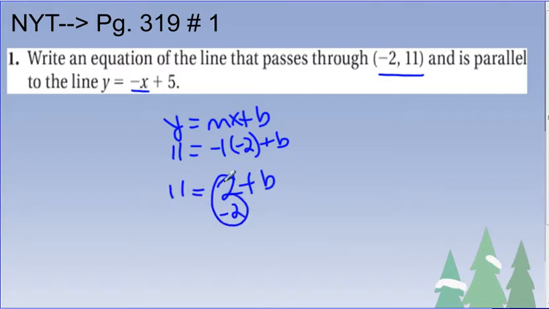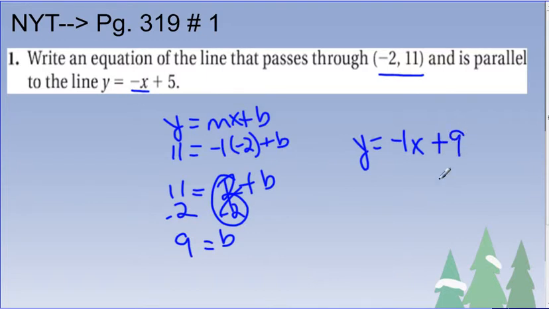Minus 2. Minus 2. B equals 9. Now we just rewrite it using our new intercept and our slope. So y equals, our slope was negative 1. Our intercept is a positive 9. And that's the equation of the line. Not too bad so far. Not too bad at all.